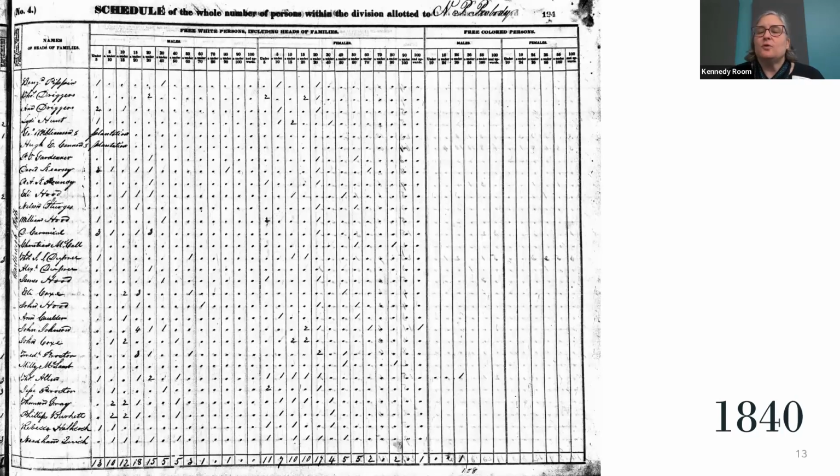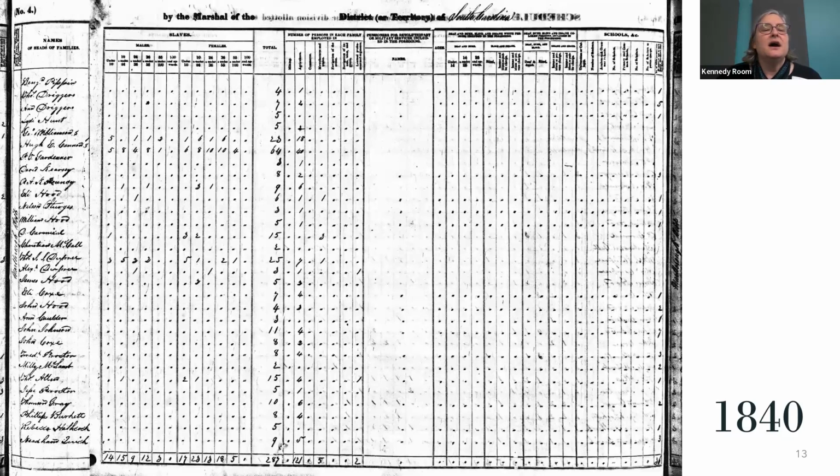In 1840, again, this is on 2 pages, make sure you look at the back. Thompson Allen is my person on this page. And it adds, in addition to the lots and lots of breakdown of age categories for free white persons, free persons of color, and then enslaved.